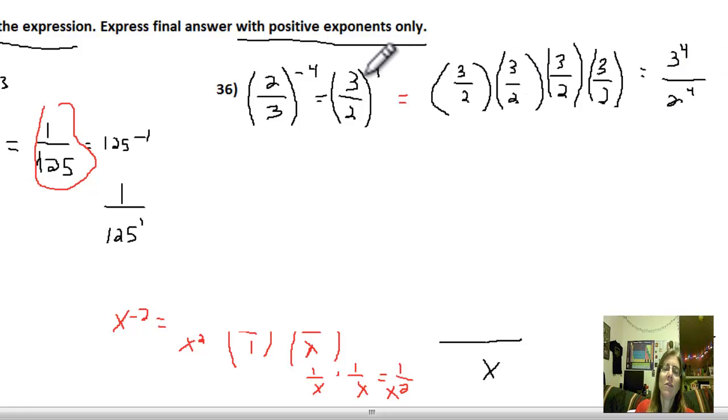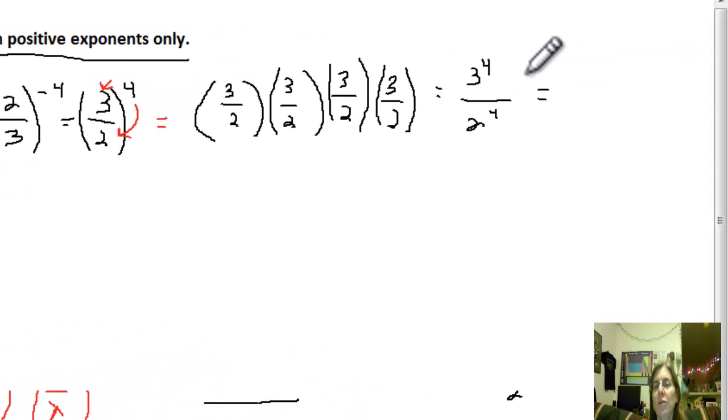So once you have the parentheses and the exponent, you apply that exponent to both the numerator and the denominator and simplify. So 3 times 3 times 3 times 3: 3 times 3 is 9, 9 times 9 is 81. You have 81 on the top. Then 2 times 2 is 4, times 2 is 8, times 2 is 16, and you have 16 on the bottom.